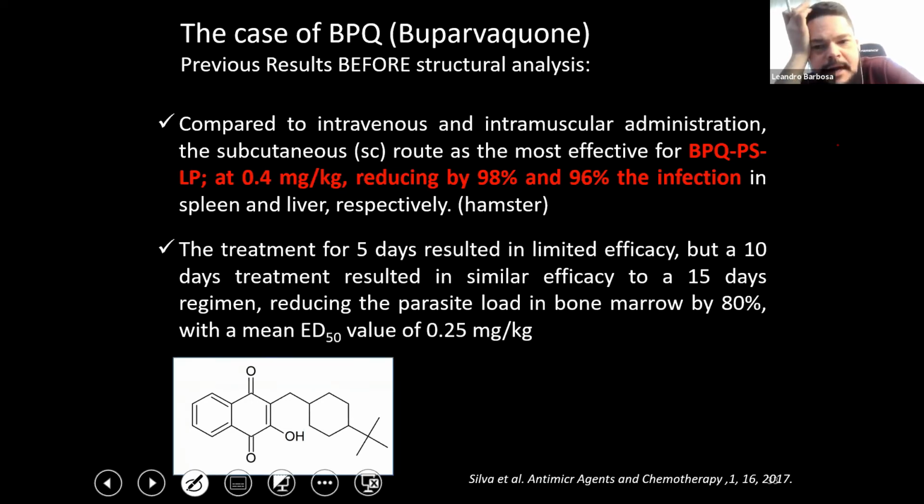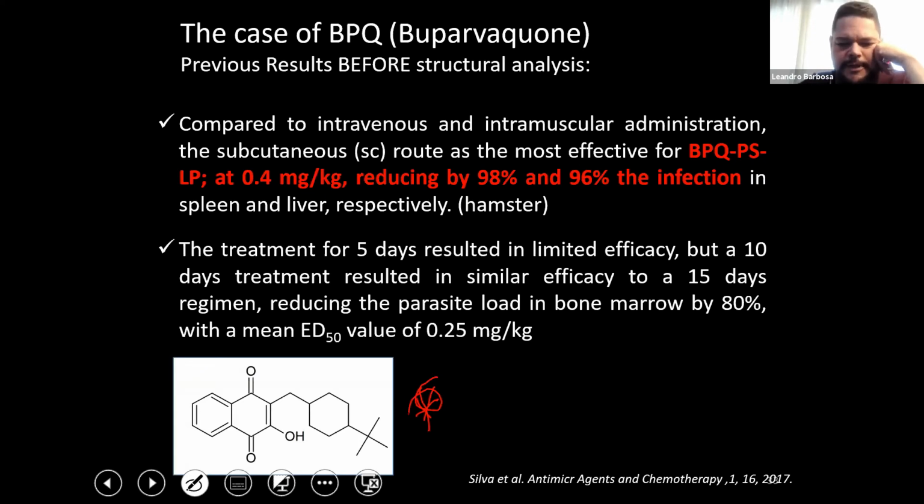And he had some information that bupropion, when entrapped into liposomes, was able to kill more leishmaniasis parasites as compared to the drug in the absence of the liposome.